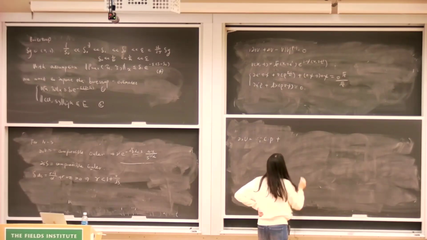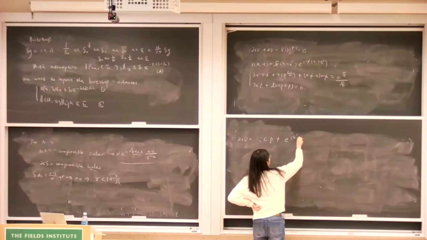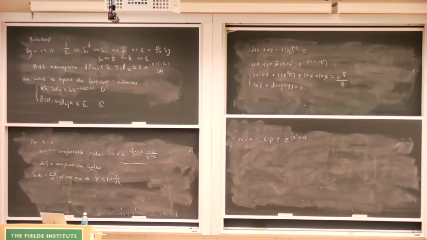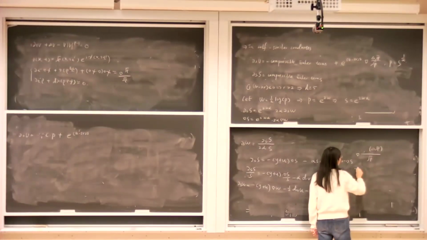So partial SU is compressible Euler plus e to the 4 minus 2rs. Oh, I forgot to write this gradient of Laplace square root of p divided by square root of p. So what is this?